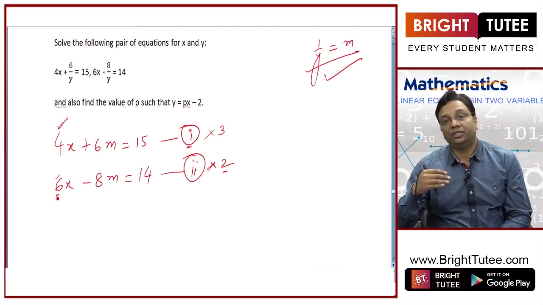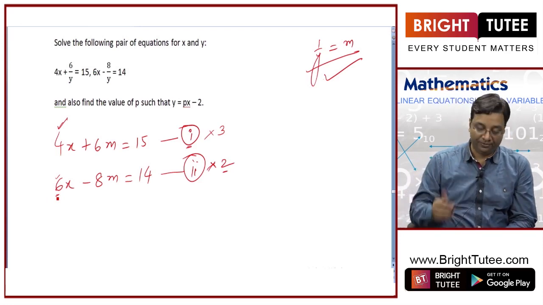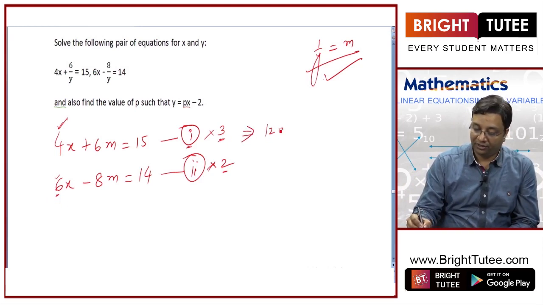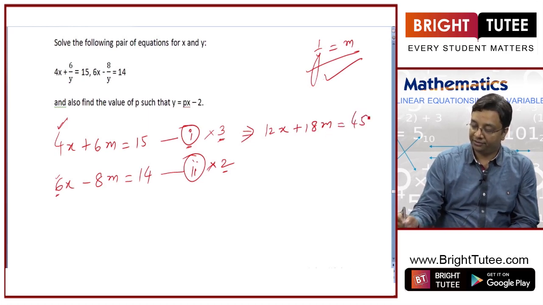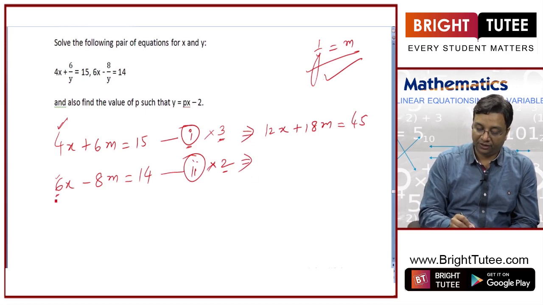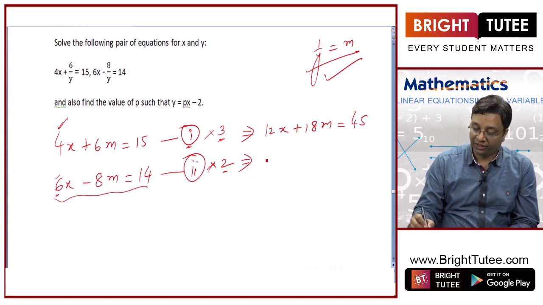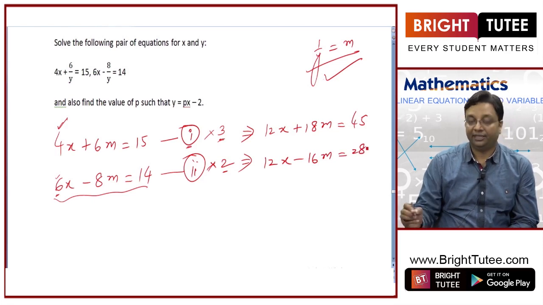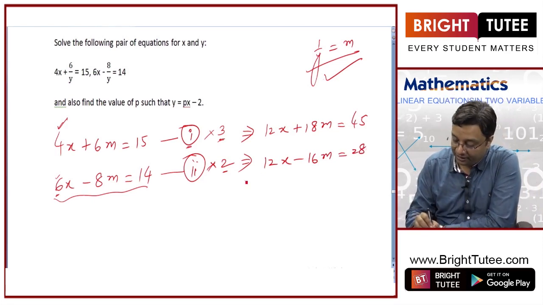So coefficient of x will be equal. So let's do that. When I multiply this by 3, I will get 12x plus 18m equals 45, and this equation when multiplied with 2 will give me 12x minus 16m equals 28, right.